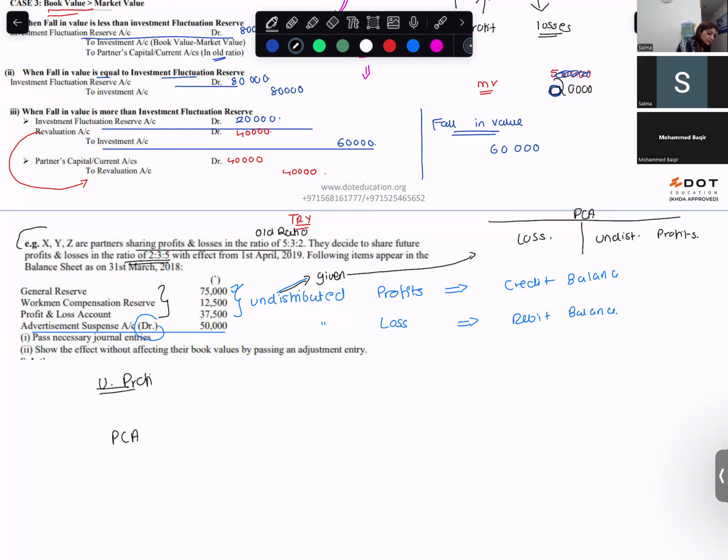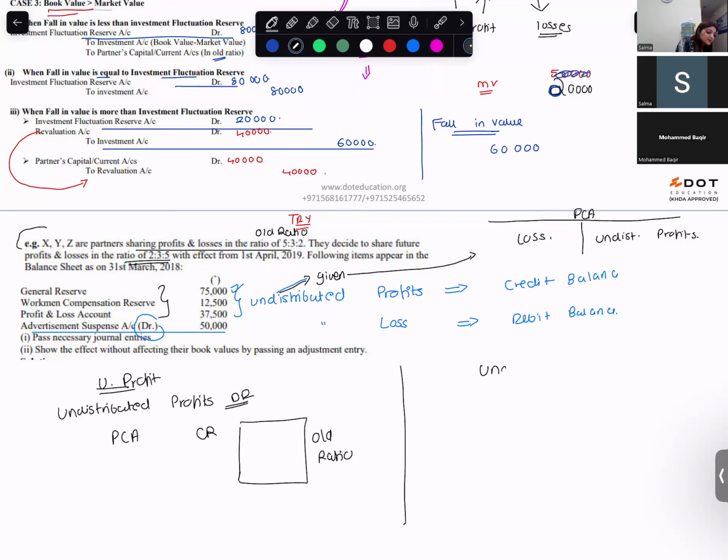Credit side. So partners' capital will be credited and the undistributed profits would be debited. Are you with me? Yes, ma'am. Okay, so the profits would be debited and the partners' capital account would be credited in which ratio? Old ratio. If nothing is mentioned, you distribute the undistributed profits amongst the partners in the old ratio.